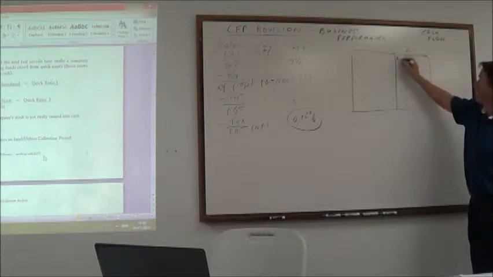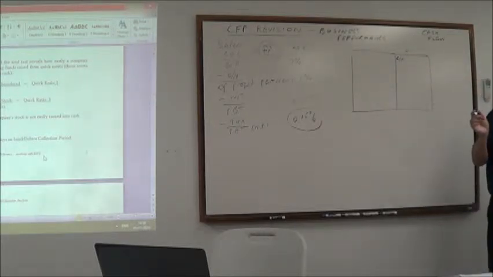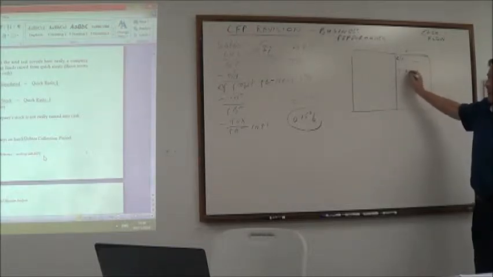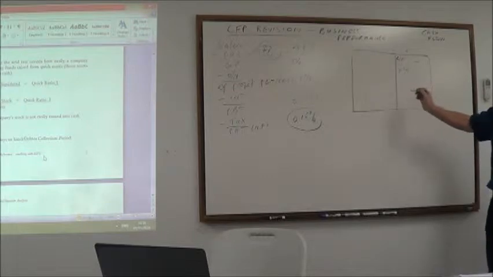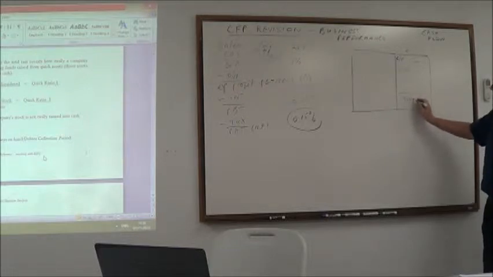We start with current assets. Remember what they are? Cash, debtors or receivables, stock or inventory. Then we list the fixed assets, which are things like property, plant and equipment, motor vehicles, stuff like that. And then we get a figure down here for the total assets.